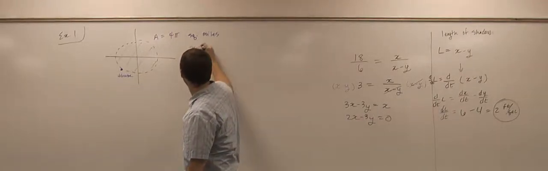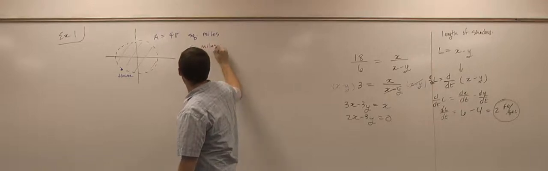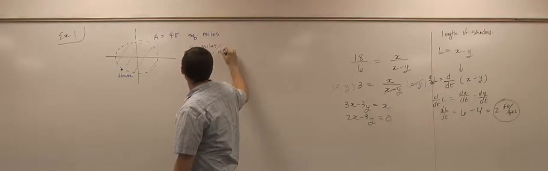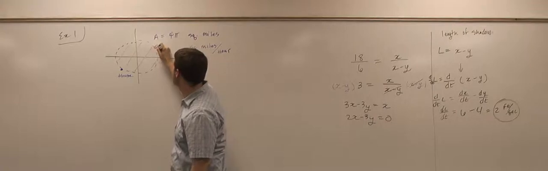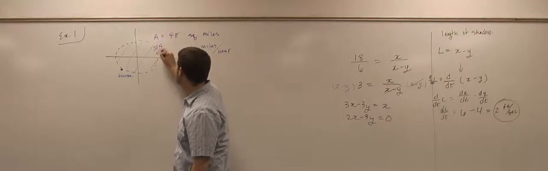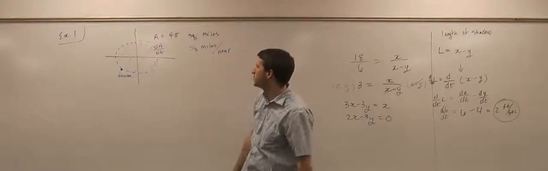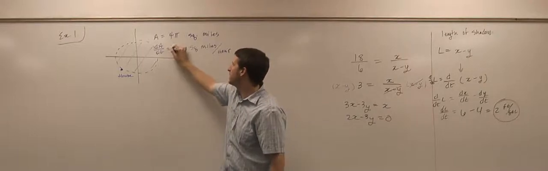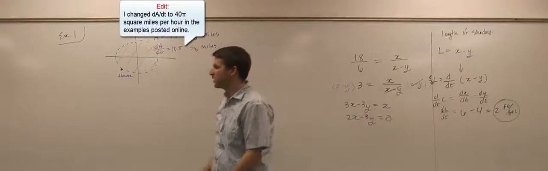Because it's square miles per hour, I'm going to label this dA. The area of the infected region is spreading at a rate of 10 pi square miles per hour.